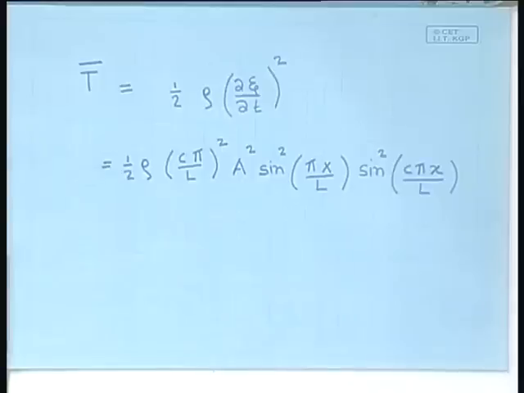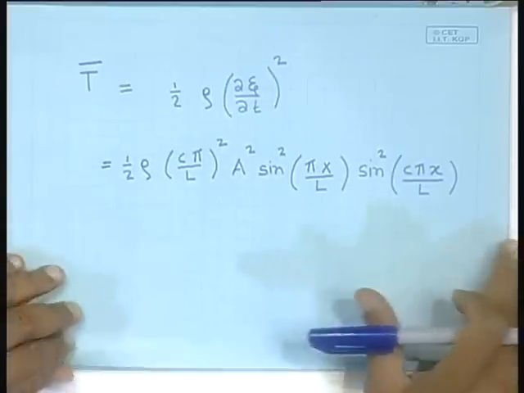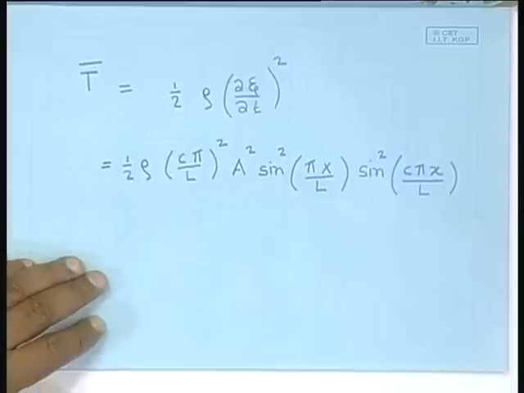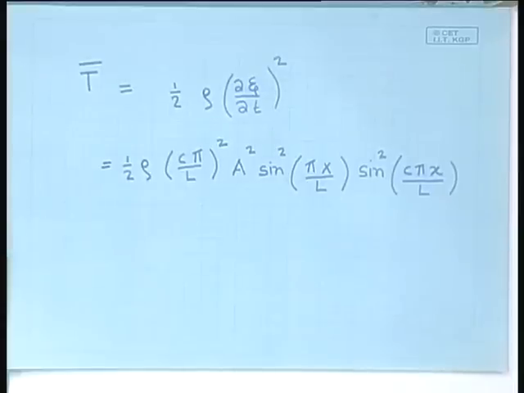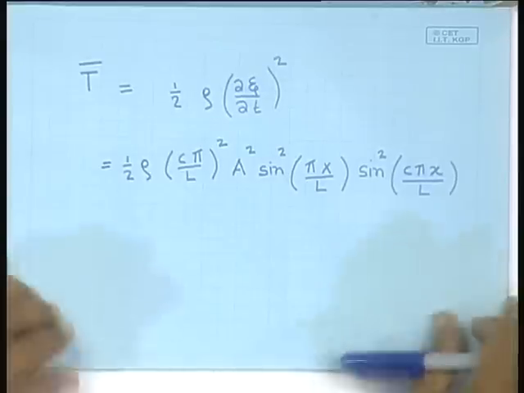This gives the kinetic energy per unit volume, at any instant of time, the instantaneous kinetic energy per unit volume. Let me now calculate the instantaneous potential energy per unit volume.